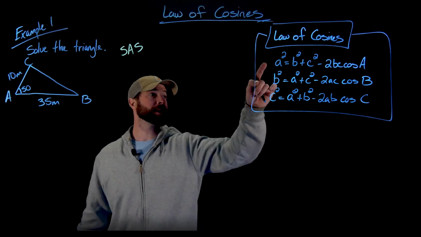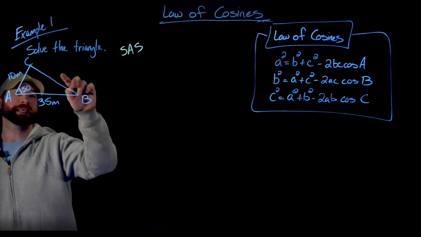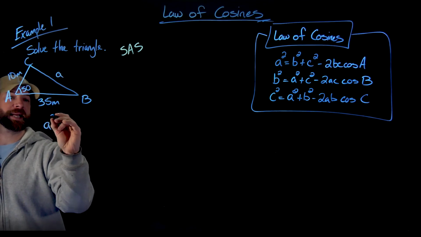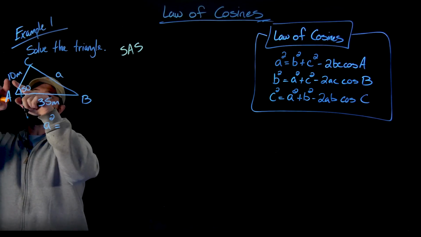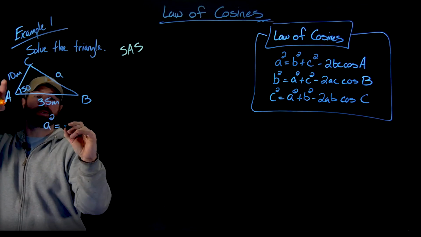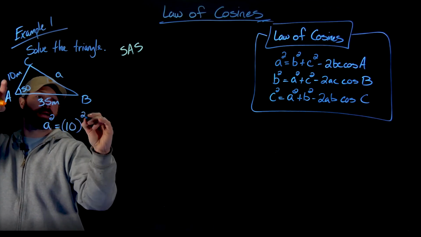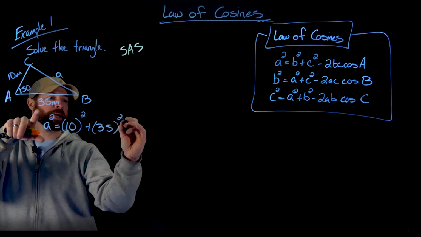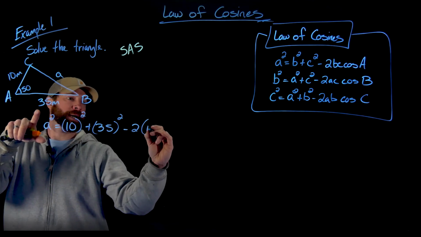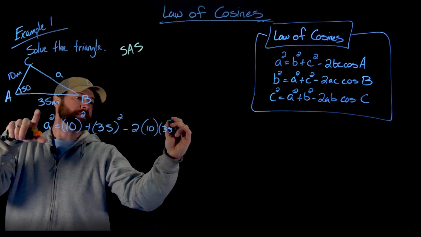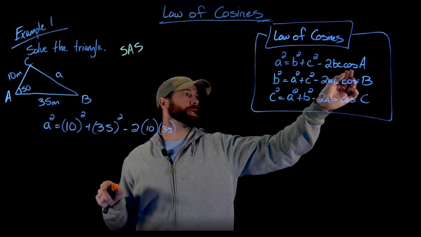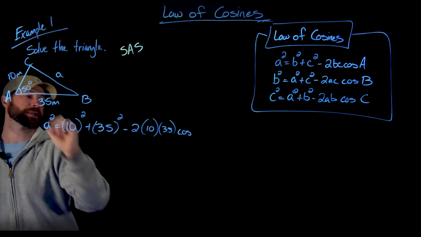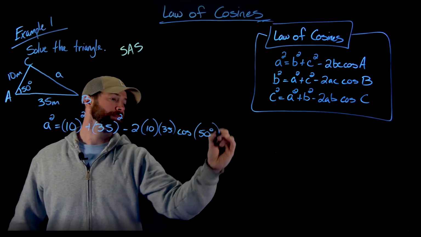All right, so using this formula right here, what I get is that A squared equals, this is B right here, so B squared, so 10 meters squared, plus C squared, which is 35 meters squared, minus 2 times 10 times 35, times the cosine of that interior angle right here, which is 50 degrees.